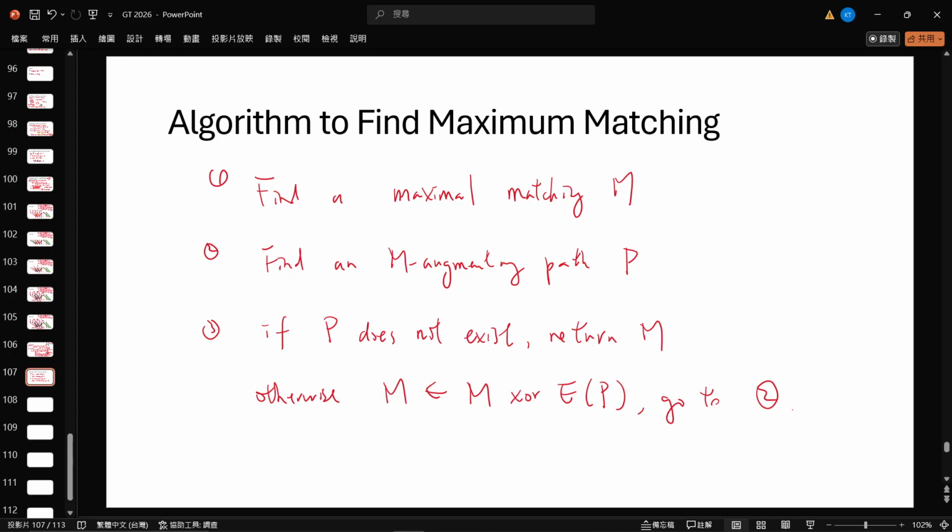That is, if the algorithm returns nothing, then really there's no augmenting path, okay? But I want to have a more straightforward proof or a certificate to show that the algorithm, when it cannot output any augmenting path, really is correct, and the matching you have is really the maximum matching, okay?